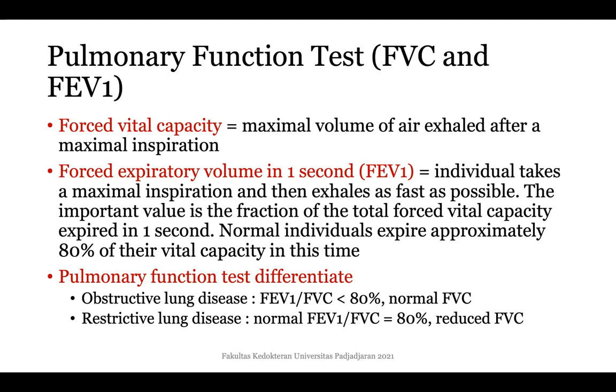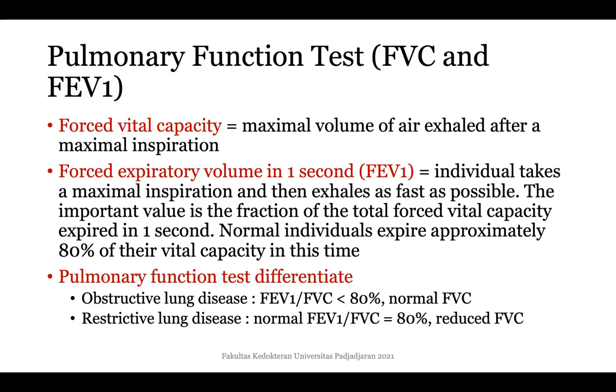Then there's another thing that can be measured, which is how much you can expire in 1 second. So completely fill the lung and then see how quickly you can get the air out, how much gets out in a second. If you take the ratio of these two numbers, how much you can get out in a second versus how much you can get out over an unlimited period of time, in normal individuals the number should be approximately 80%.